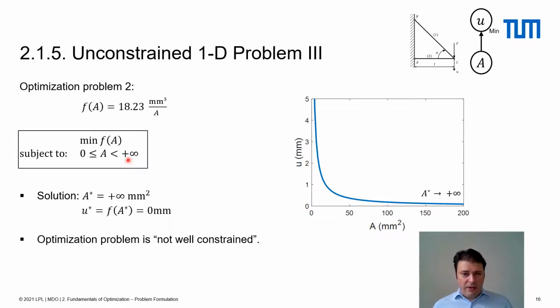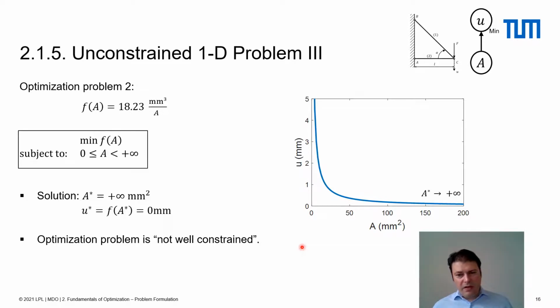And well, it turns out that the stiffness of the structure can be increased further and further by increasing A, meaning that the displacement U will be decreased further and further upon increasing A. And unless A assumes the value of infinity, you will always be able to find a yet better value for A in order to improve your solution.